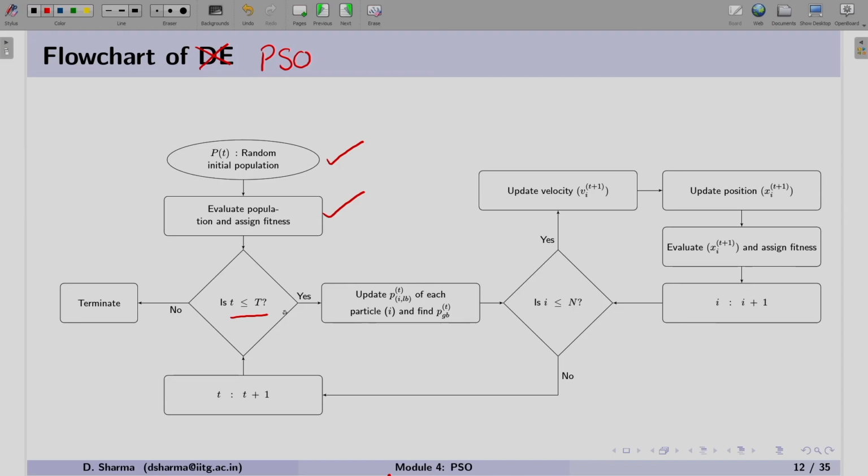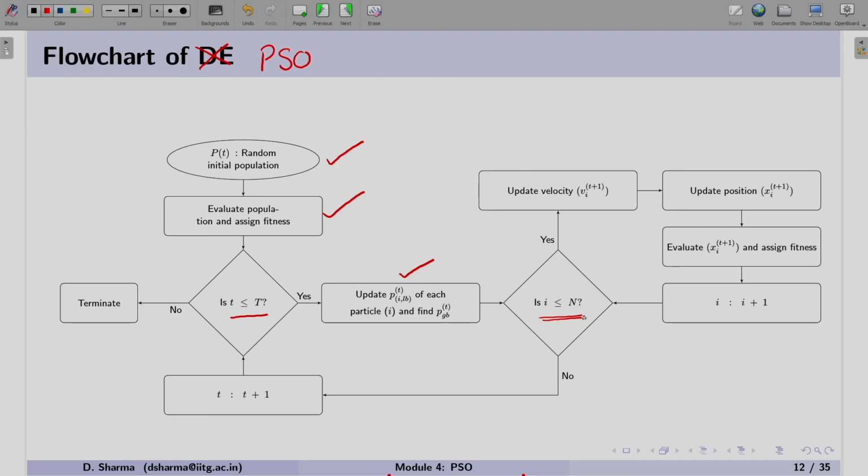Now, assume that t is smaller than capital T. The first new step which you can see here is that we have to update the local best of each particle, as well as find the global best of the swarm. Once we know that, we are in another loop with respect to the number of particles.